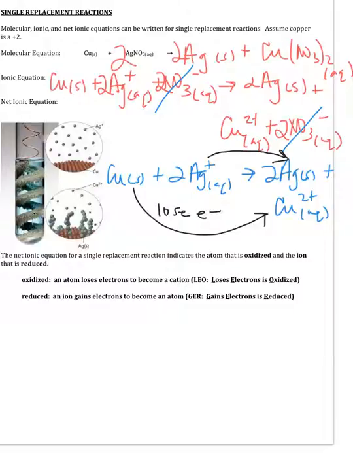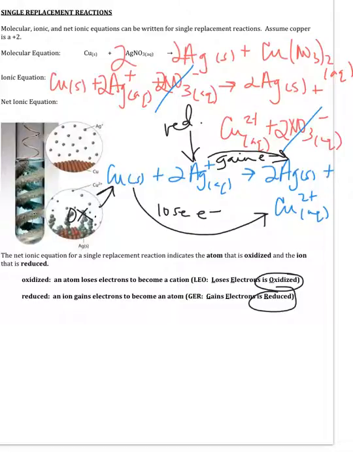Anything that loses electrons we say is oxidized. The silver ion becomes a silver atom, and it does that by gaining electrons because silver has a +1 charge. It gains electrons, so we say that it is reduced.